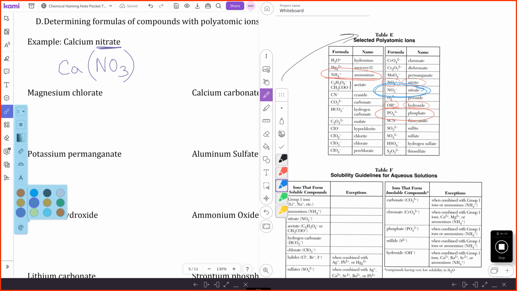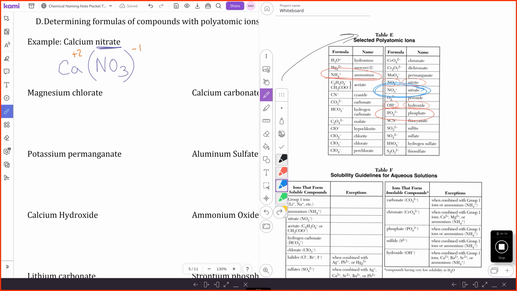We go back to what we learned the last time. And we write in the charges. Calcium is a +2, and it's always a +2. Nitrate is a -1 ion. And so with nitrate being a -1 ion, I can write that number right here.